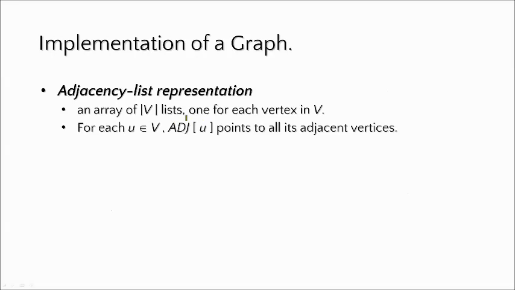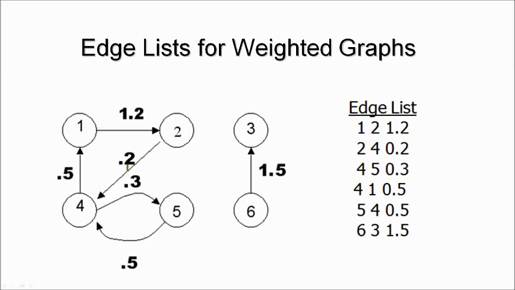So adjacency list representation, an array of V lists, one for each vertex in V. So for each U element of vertex, so adjacency U points to all adjacent vertices. So here is an example of edge list for weighted graph.